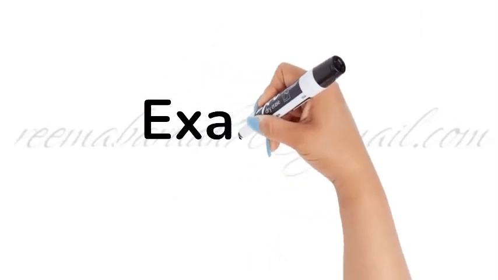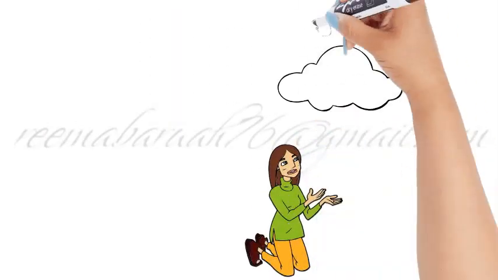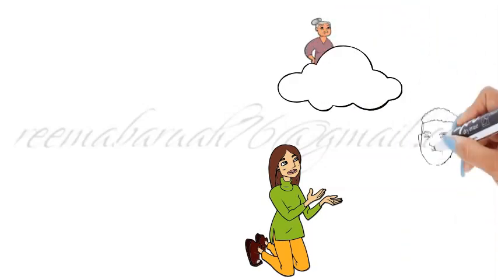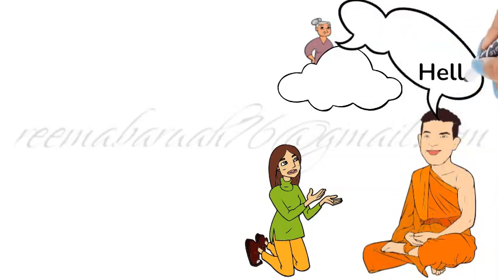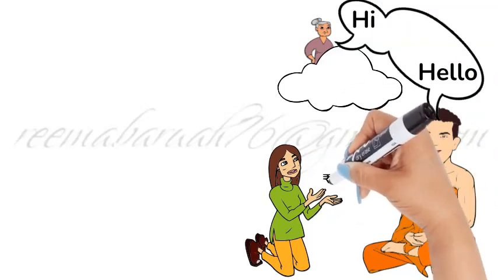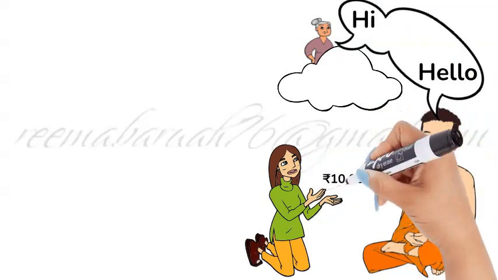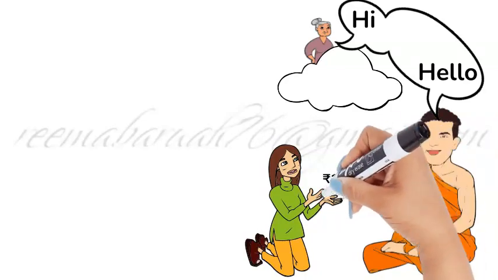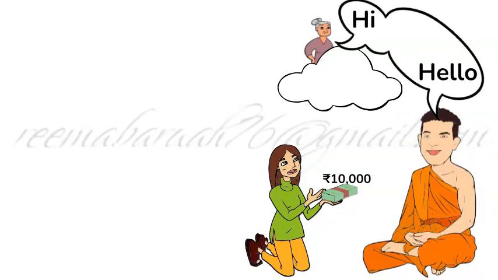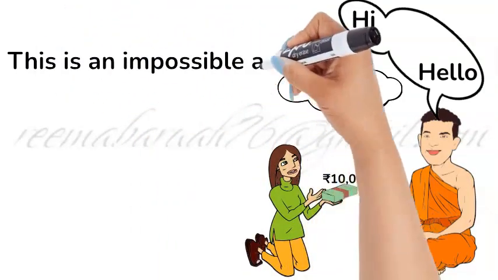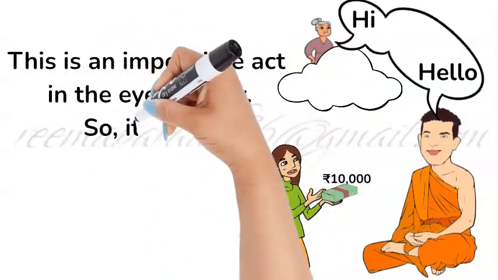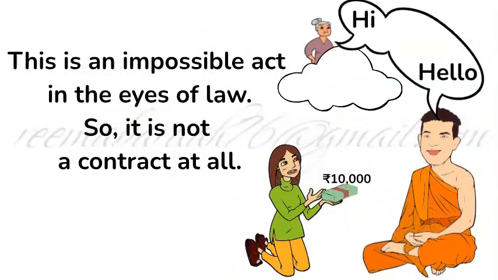Let us try to understand this point with an example. Sita's mother was dead, and Raja promised her that he could talk to her dead mother. And in return, Sita promised him that she would pay him rupees 10,000. This is an impossible act in the eyes of law, so it is not a contract at all.